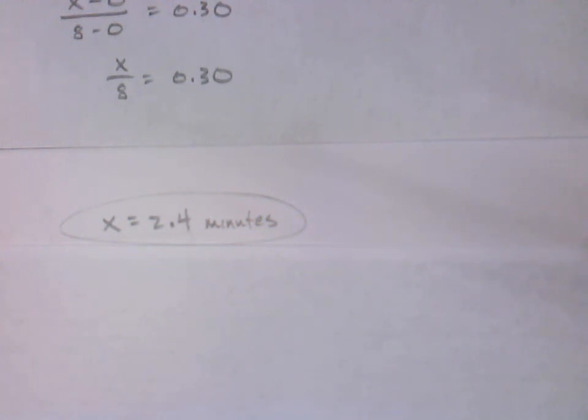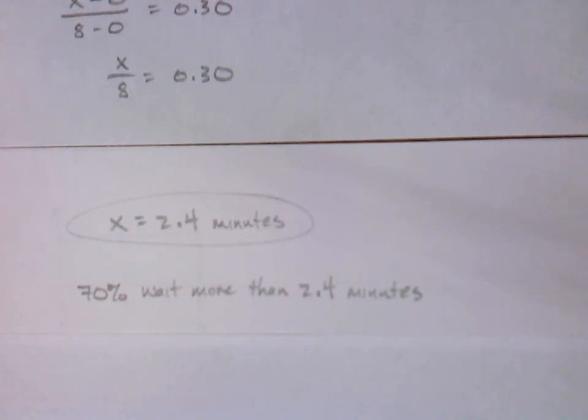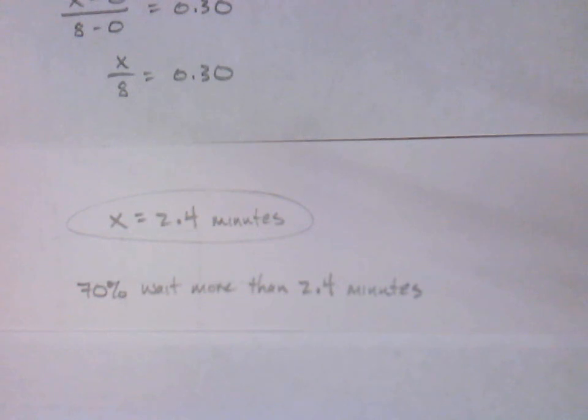Multiplied by 8, x equals 2.4, and the units happen to be minutes. 70% of commuters will end up waiting more than 2.4 minutes. That's a reasonable answer. If the average person waits 4 minutes, most people are going to have to wait more than 2.4 minutes for sure. 70% seems about right.